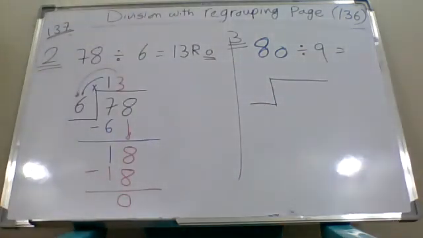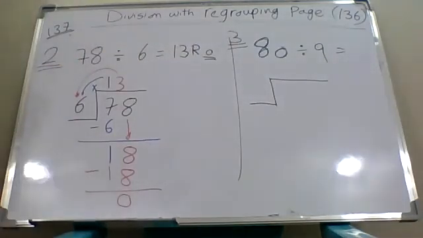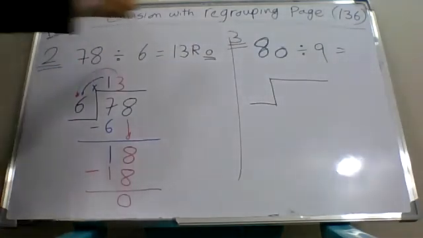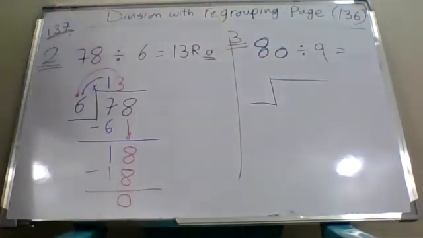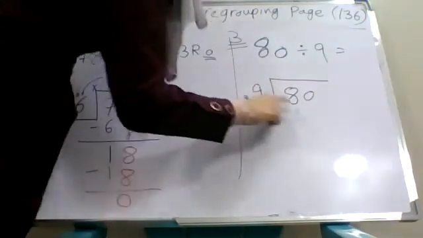Okay, guys, we know that we have 90. So I can find 80 on the times table of 9, right? I have 80 and 9. Can I check 8?